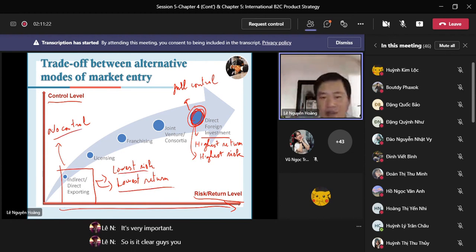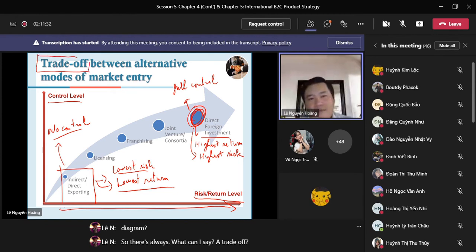Is it clear, guys? Do you know how to make use of this diagram? There's always a trade-off between these modes of market entry. Is there any question?